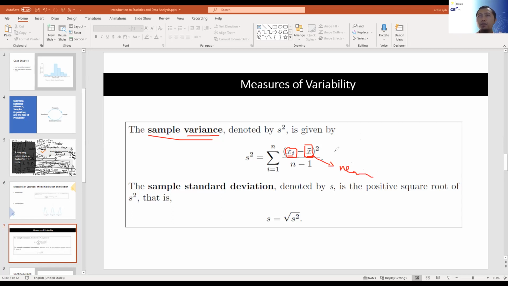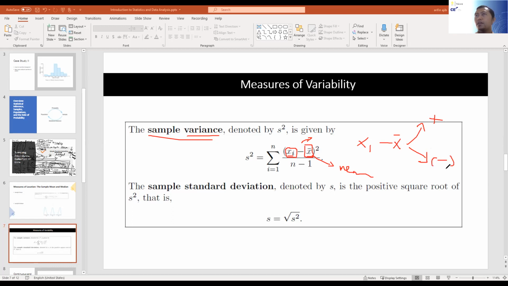So after we take the difference of a data point with the mean, we get the value, but the differences could be positive and negative, right? I mean xi minus the mean could be positive and could be negative.